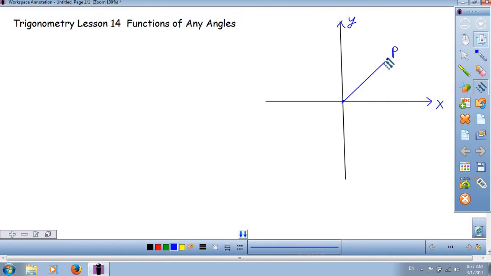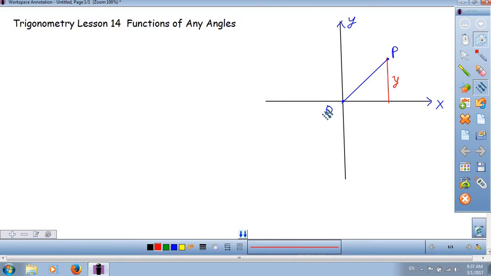So any point P has a distance to the origin, and it has two other distances. One is the distance from the x-axis. So for this point P, the distance to the x-axis is called y. This distance is the y coordinate, which is also called the ordinate.